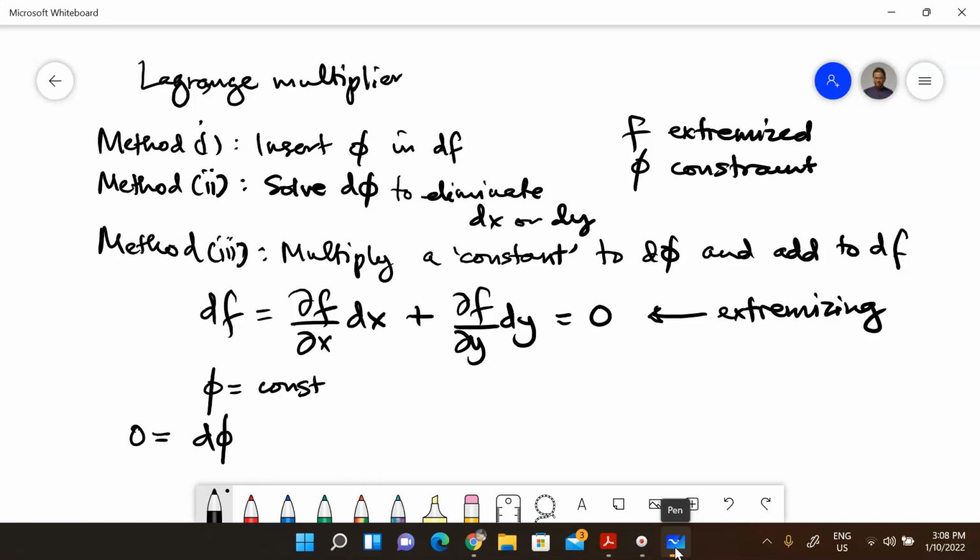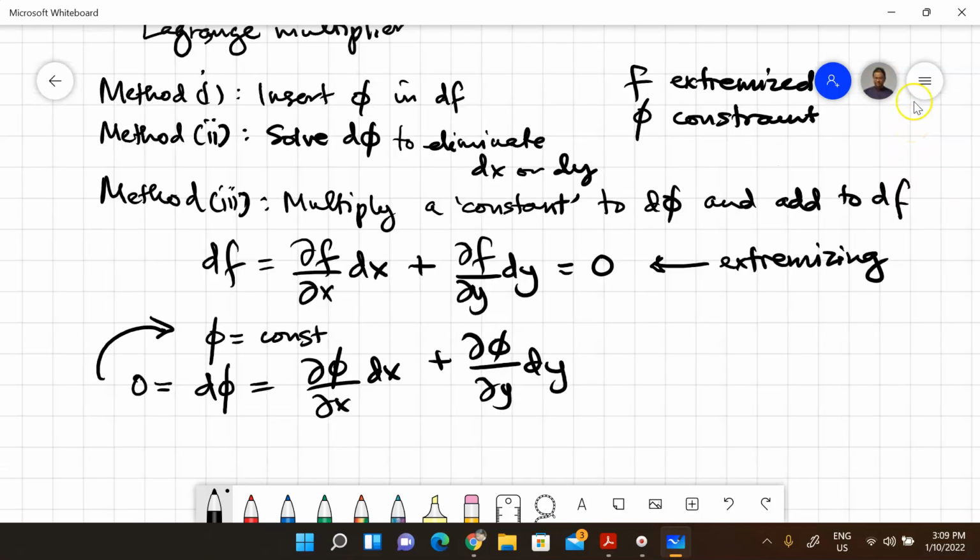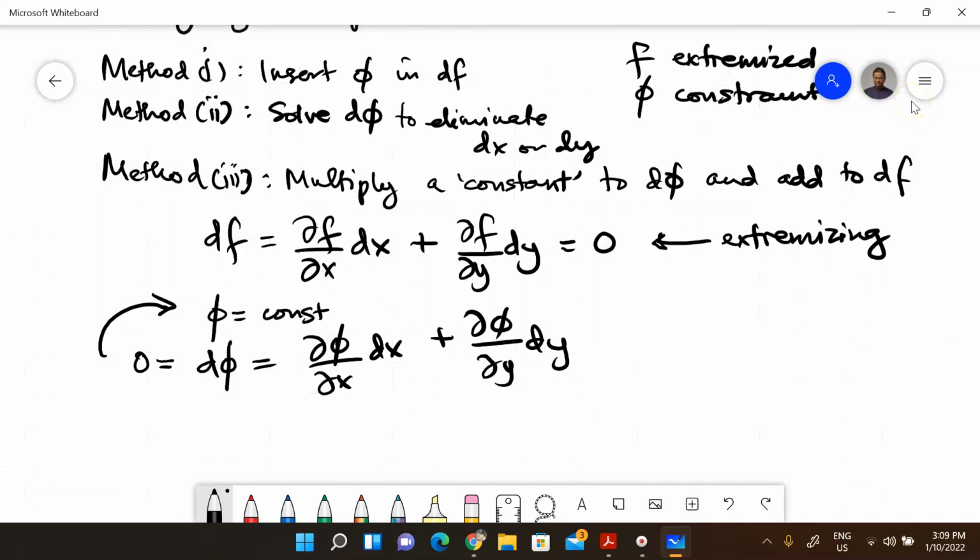This can be written in the same way as your df: partial phi partial x dx plus partial phi partial y dy. So you can see the similarity between the two equations. What we do is multiply this equation by lambda, and this lambda is called the Lagrange multiplier.